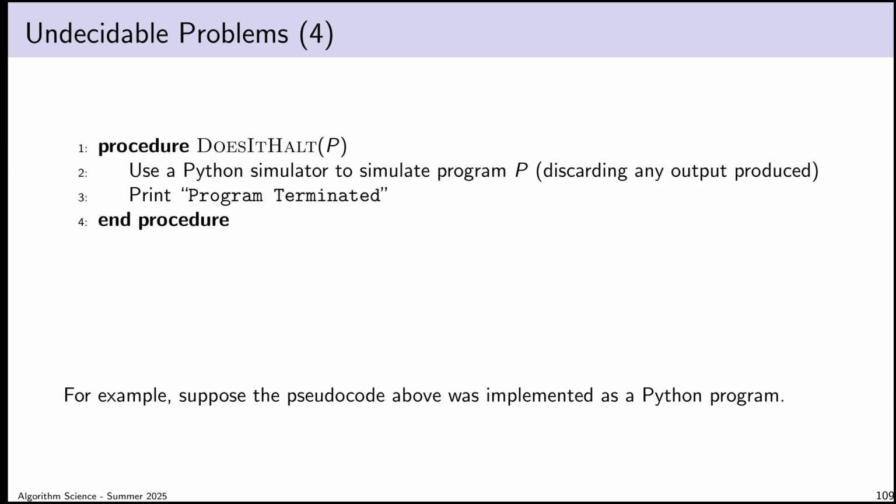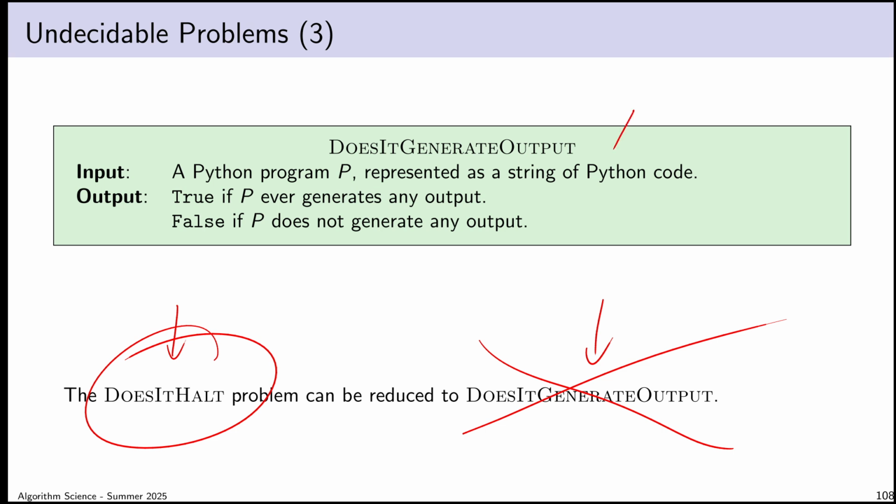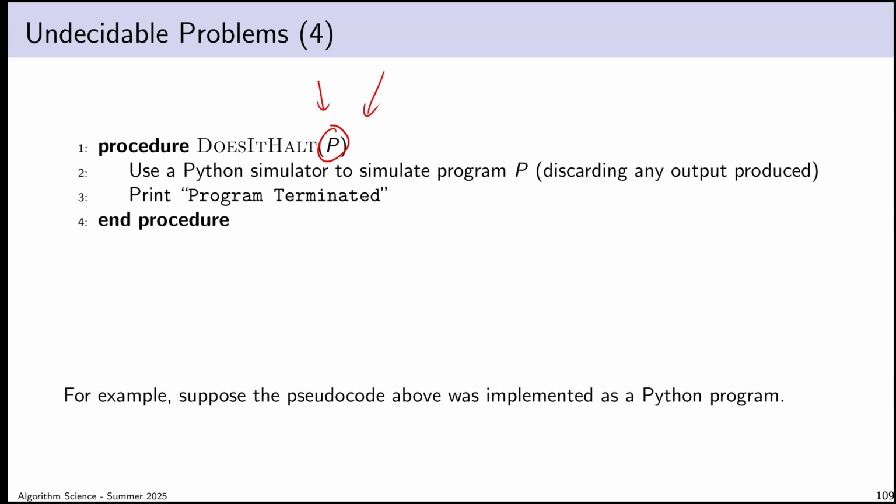Okay, here's a brief sketch of the proof. Suppose I'm going to write this as pseudocode just because, well, you'll see. Suppose that I implement this as a Python program. And it takes the source code of a program P, which is the specification for my "does it generate output" program. It takes some source code P. And then what it does is it simulates program P using a Python simulator.